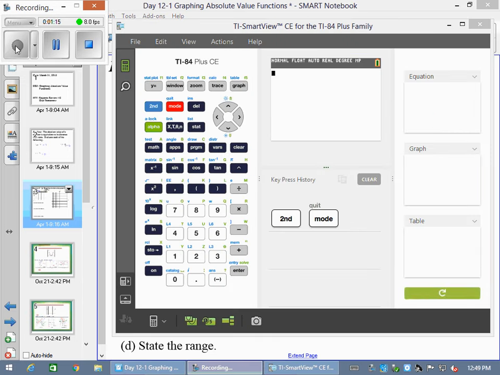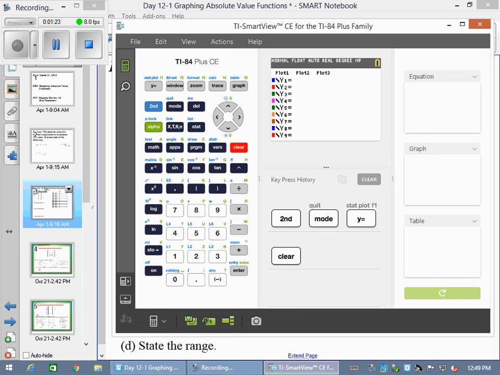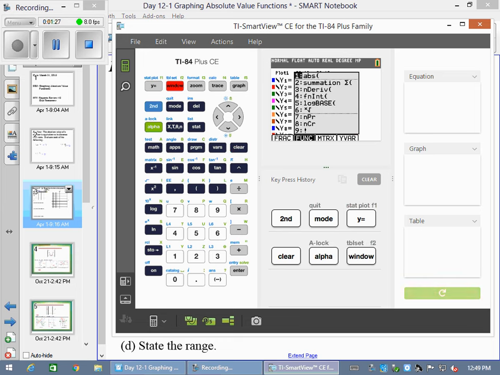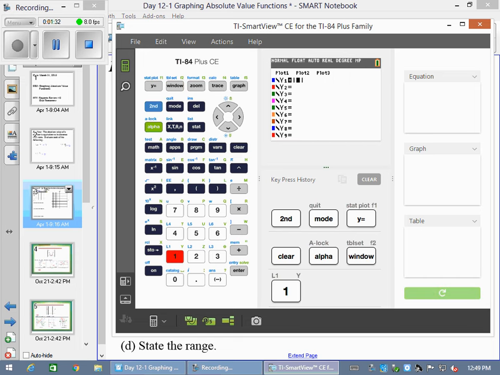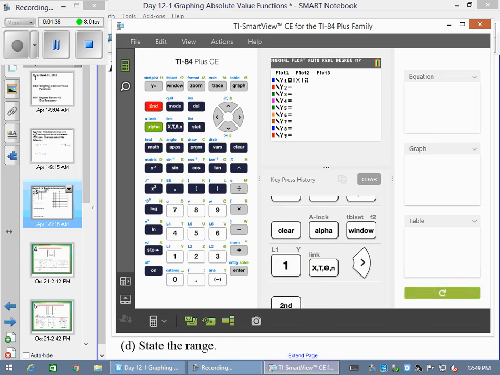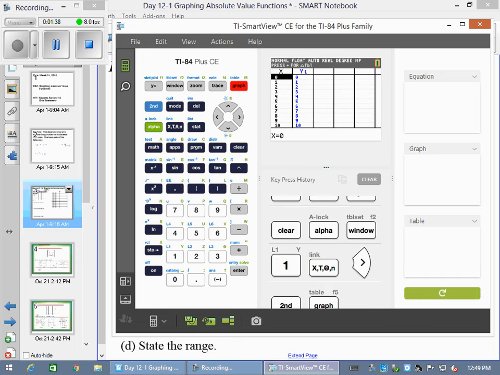To get y equals the absolute value of x on your calculator, I'm first going to go to y equals. Clear out anything that happened to be in there. Now I'm going to go to alpha, window, choice 1, ABS stands for absolute value. So if I wanted to graph the absolute value of x, I would type it into my calculator, and now I can go to my table and plot all of the values that fit.